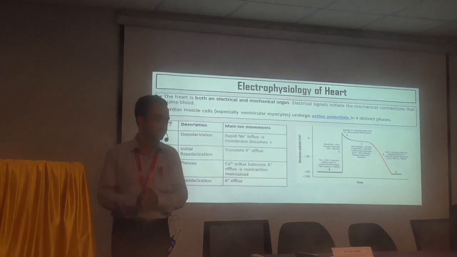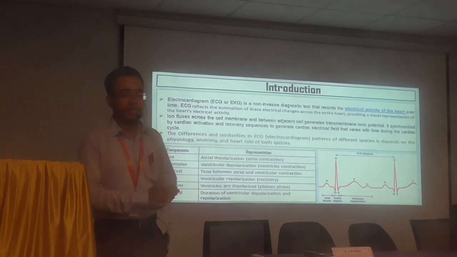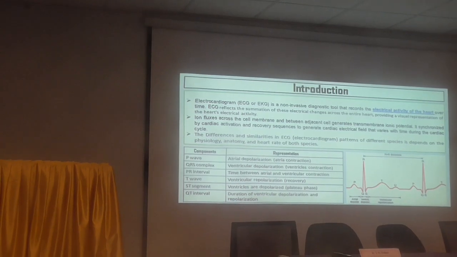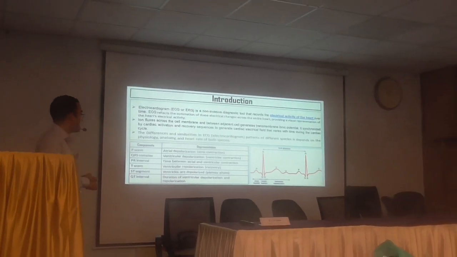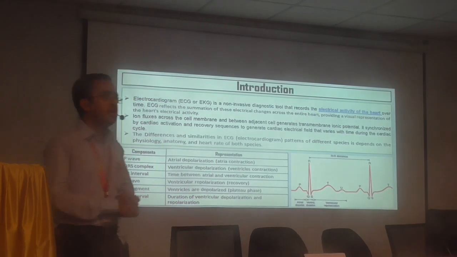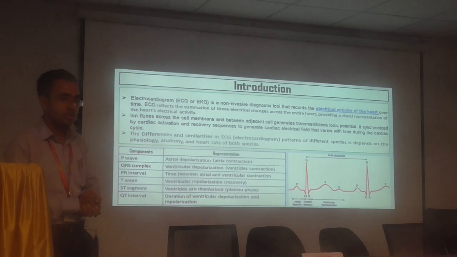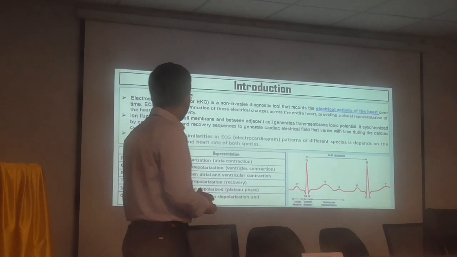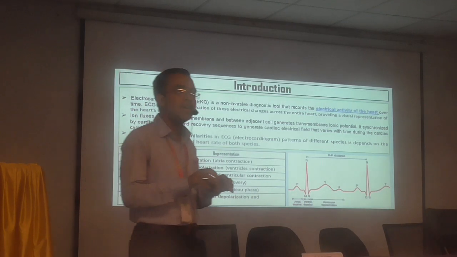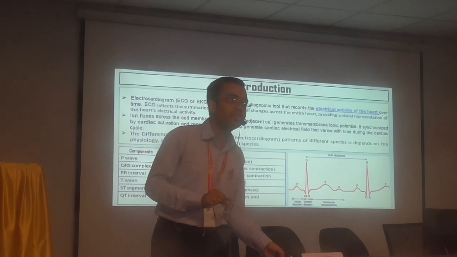Okay, good. So go to the introduction. ECG, as I told earlier, is a composite recording of the action potential produced by the heart muscles or the entire heart autorhythmic fibers. And ECG is the graphical representation of the electrical activities. As I told earlier, the cardiomyocytes are present like this, closely arranged.